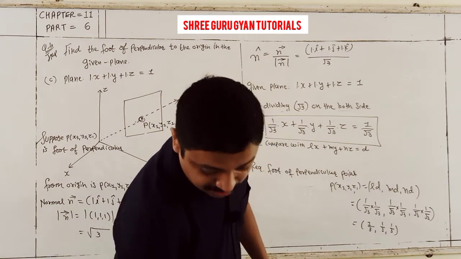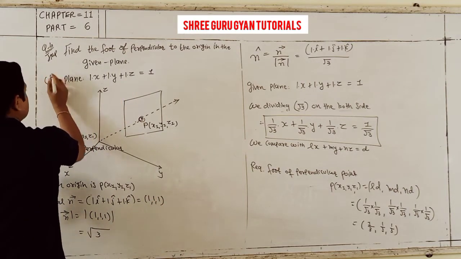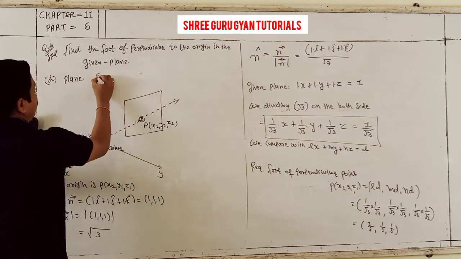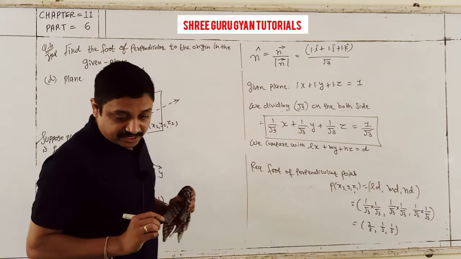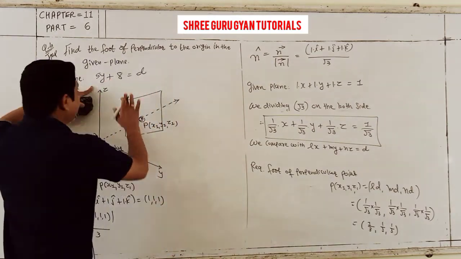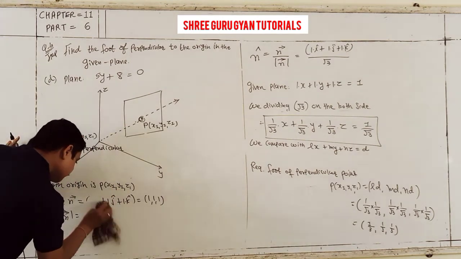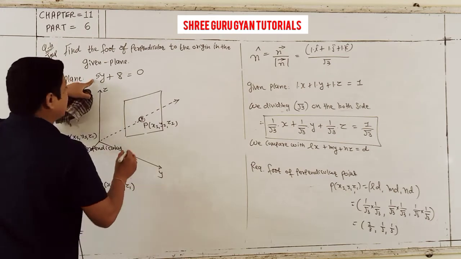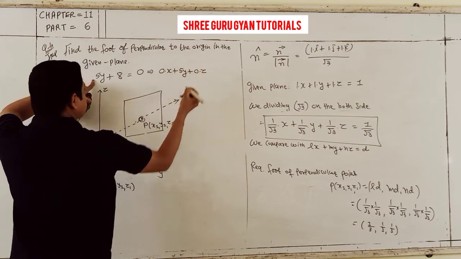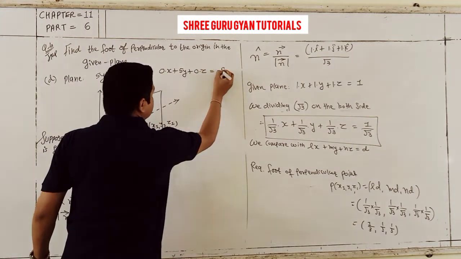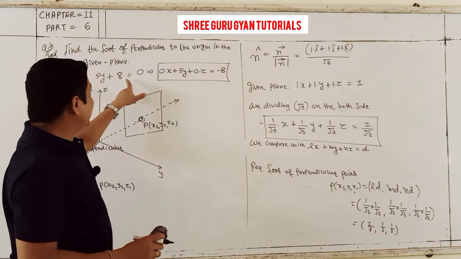Now continue, students, question number four. Next one, 5y plus 8. The plane is given, 5y plus 8 is equal to 0. One more time check, 5y plus 8 is equal to 0. So I just write down similarly same steps, only here I mention in the standard form 0x plus 5y plus 0z is equal to minus 8. 0x, 5y, 0z, and 8 I took to the right side.